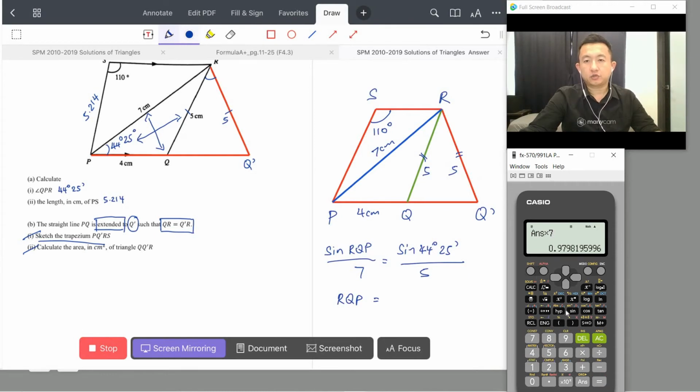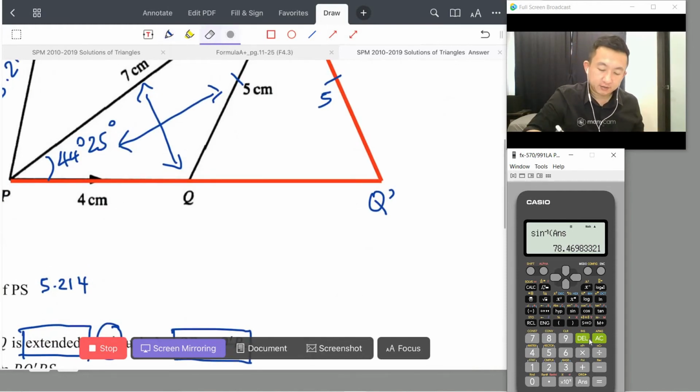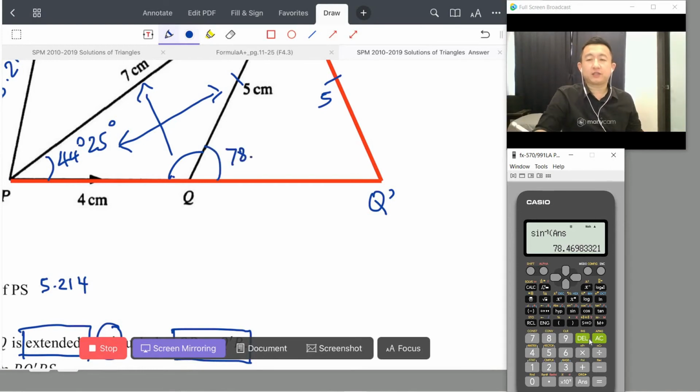Shift sine inverse, you have 78.46, and when you look at this angle, does it look like an acute angle? No, right? This is an obtuse angle.